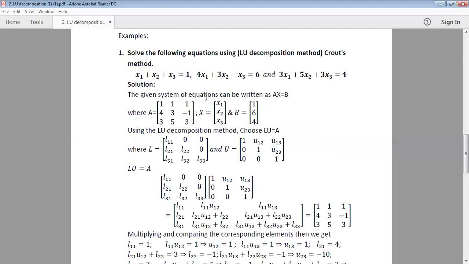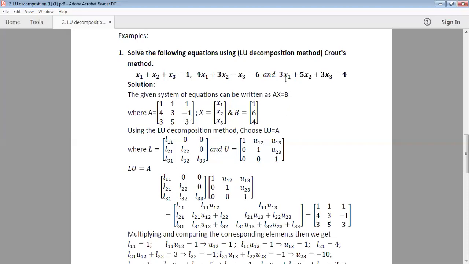The given system of equations can be written as Ax equals B, where matrix A is formed by the coefficients of the unknowns. In the first equation, the coefficient of x1 is 1, of x2 is 1, of x3 is 1. Similarly, in the second equation, the coefficient of x1 is 4, of x2 is 3, of x3 is -1.